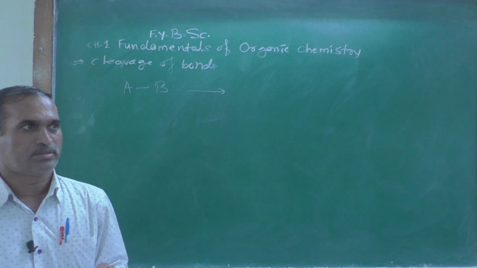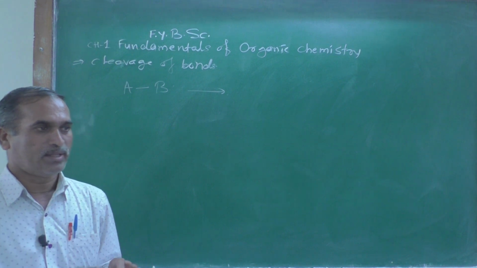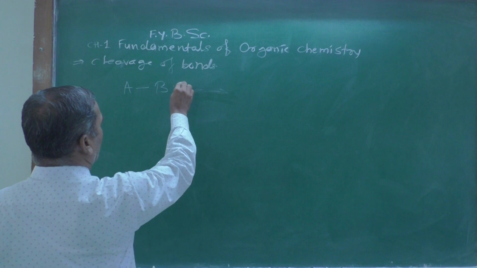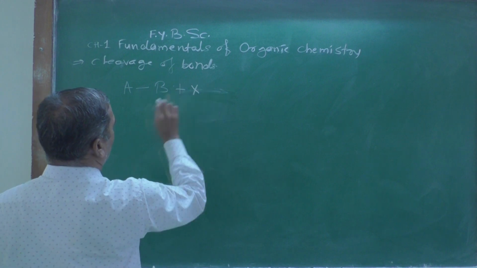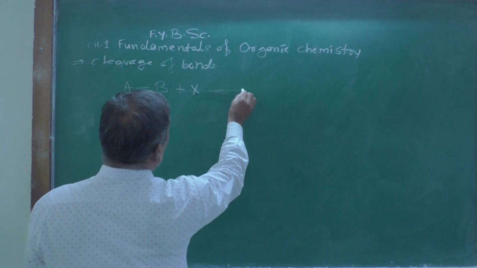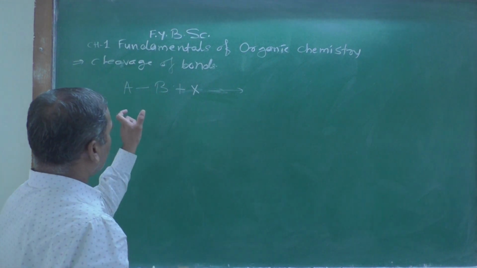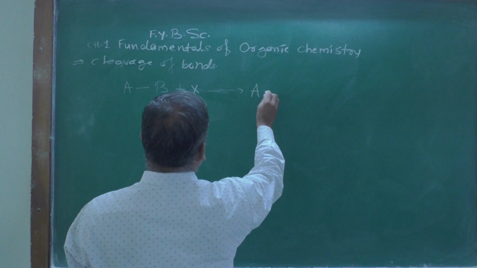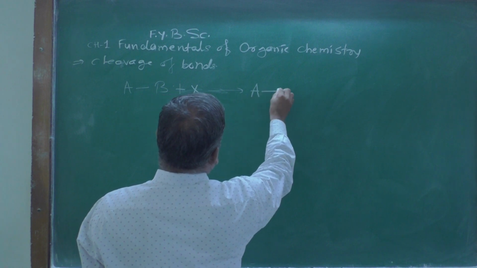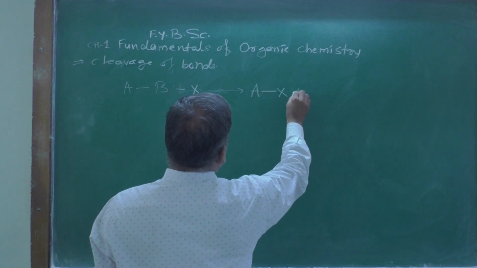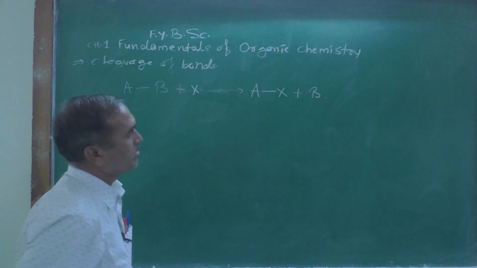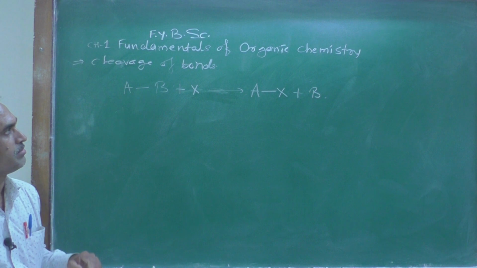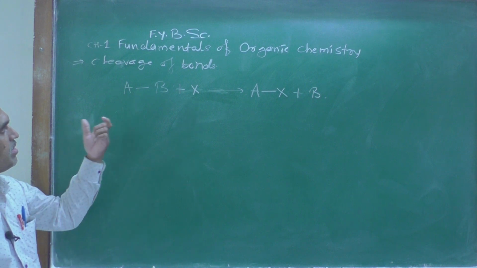in a chemical reaction. Let us see another one, X. Here what you are going to get is A X plus B, right? If you observe this reaction carefully, what do you see here?